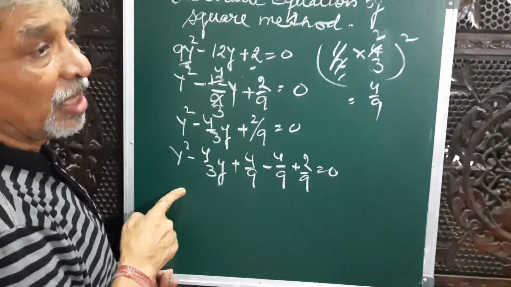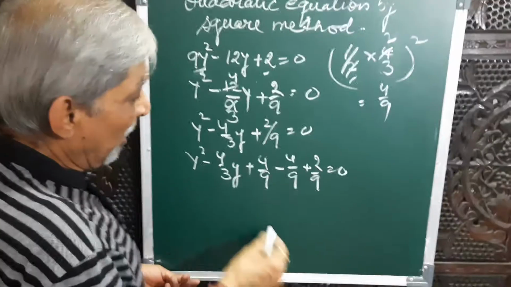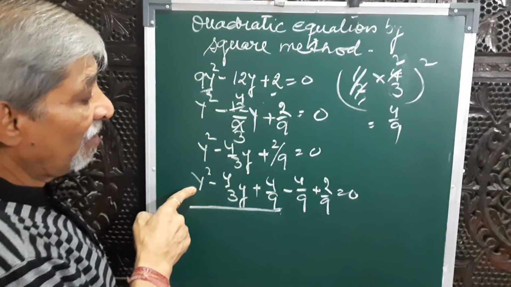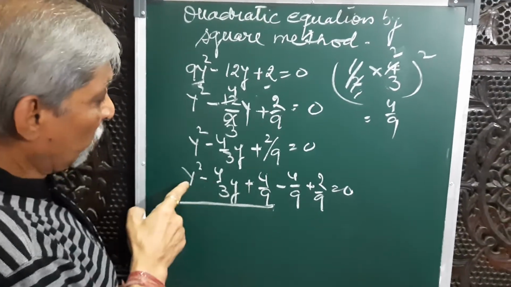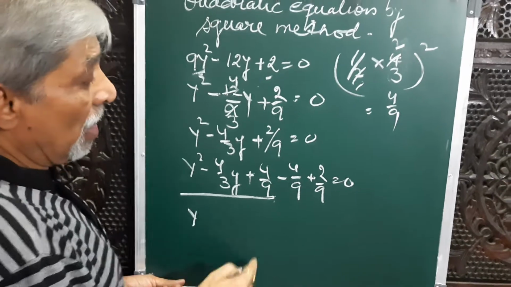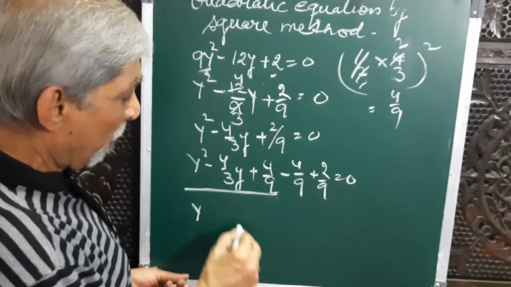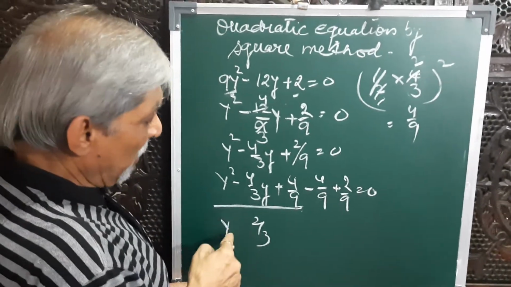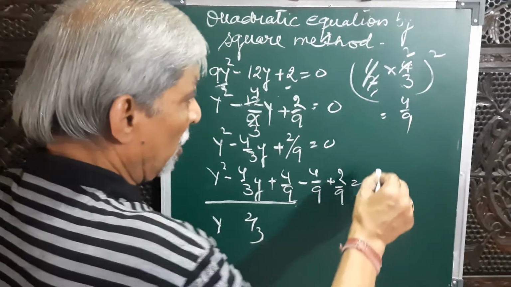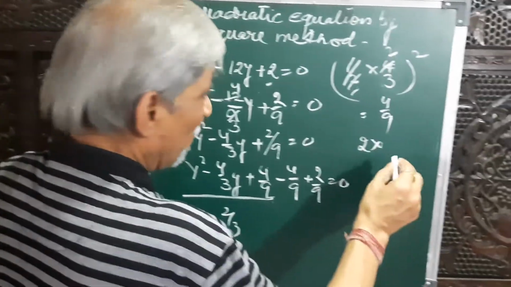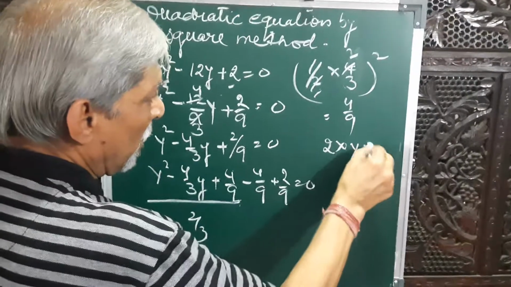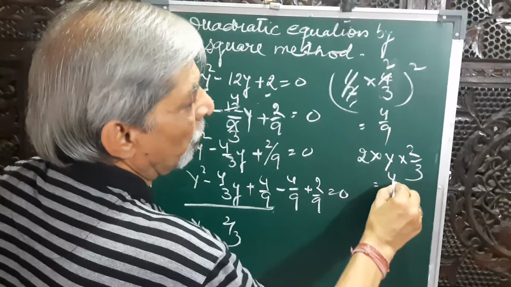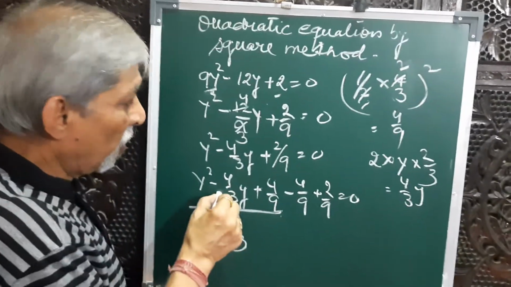Now this is the equation which will give you a perfect square. Take these first 3 terms: y squared, 4 upon 9. The square root of y squared is y and of 4 upon 9 is 2 upon 3. If you multiply these two by 2, that is 2 into y into 2 upon 3, this gives you 4 upon 3y, which is equal to the middle term.